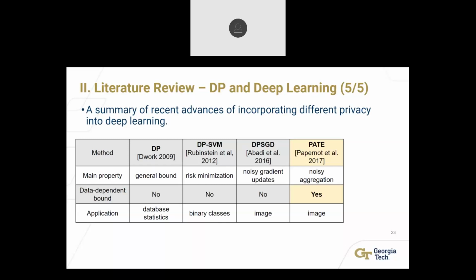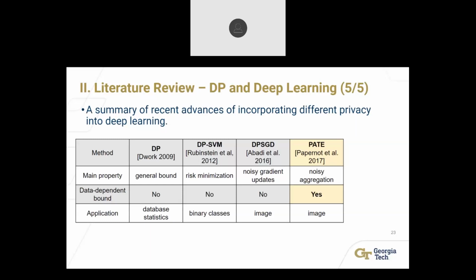But meanwhile, I want to give a summary of the pretty recent approaches to differential privacy. First, epsilon delta differential privacy, more specifically, was proposed by Cynthia Dwork in 2019. The main property is that they have a general bound, but a data-dependent bound is not clear.